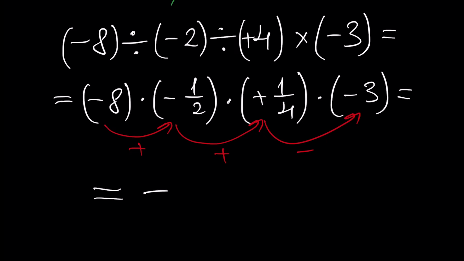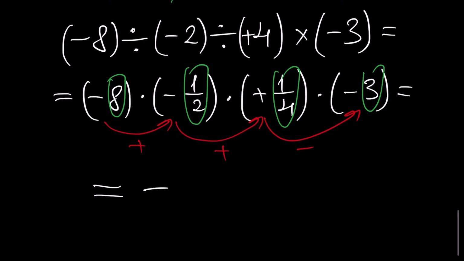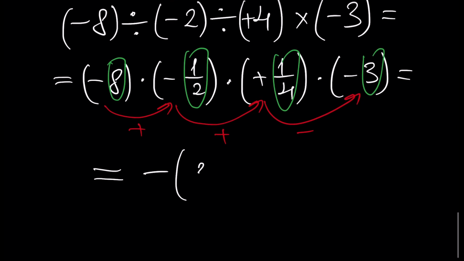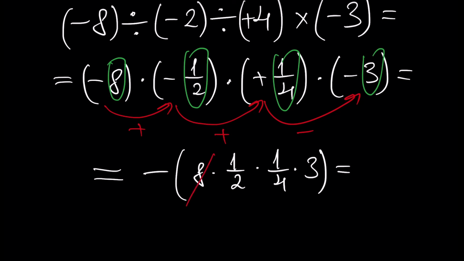And let's look at absolute values 8, 1/2, 1/4, and 3 and multiply absolute values. What we have, let's perform cancellations here. 8 is cancelled out with these 2 and 4, and we have minus 3.